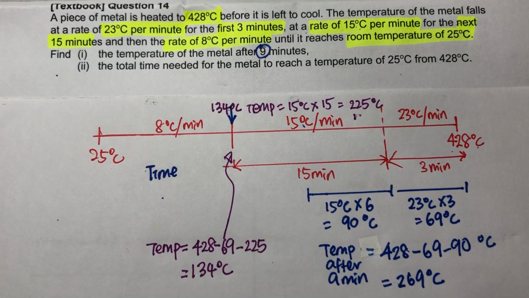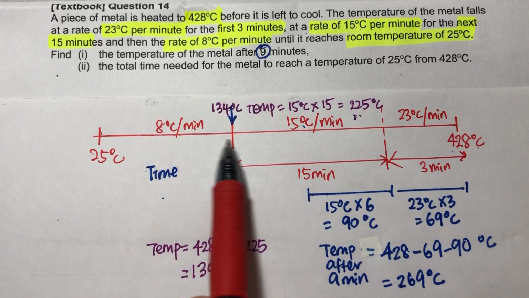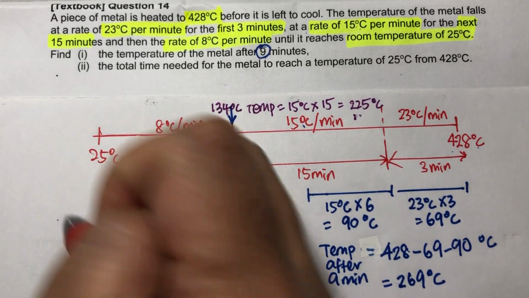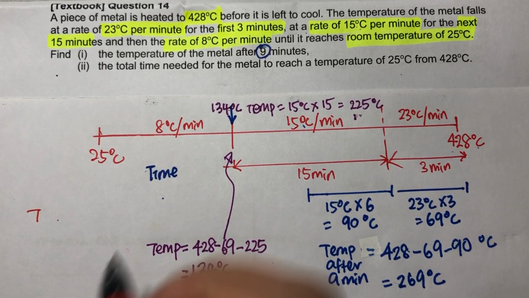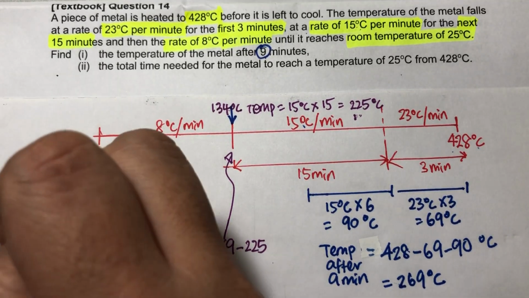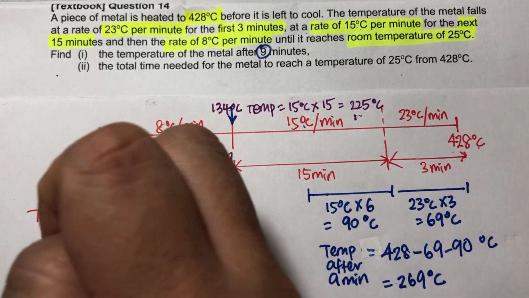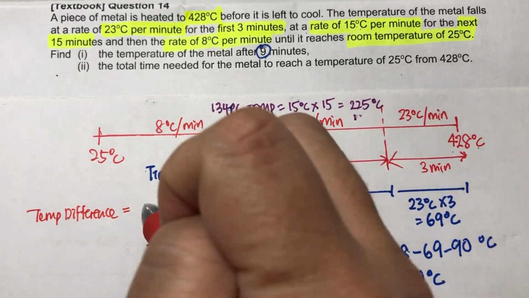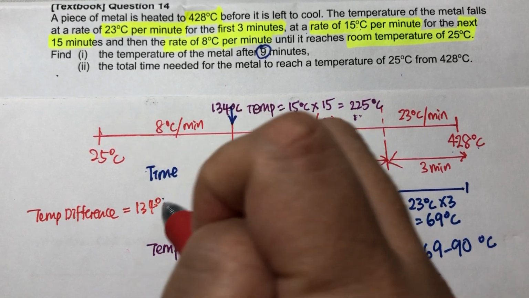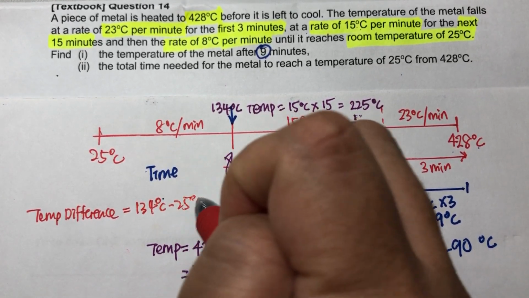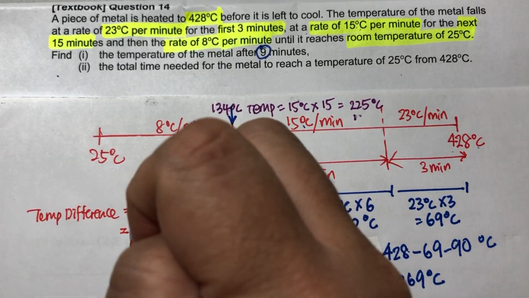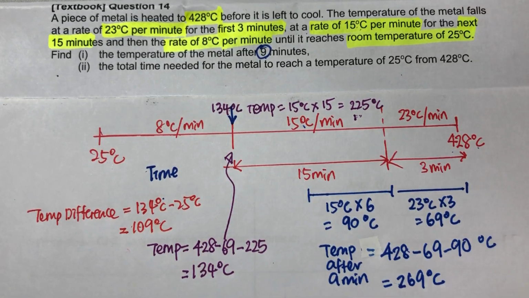Given this piece of information, now we can find the temperature difference here. So the temperature difference will be 134 degrees Celsius minus 25 degrees Celsius. That will be 109 degrees Celsius.